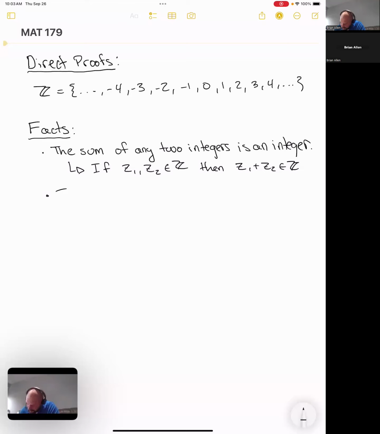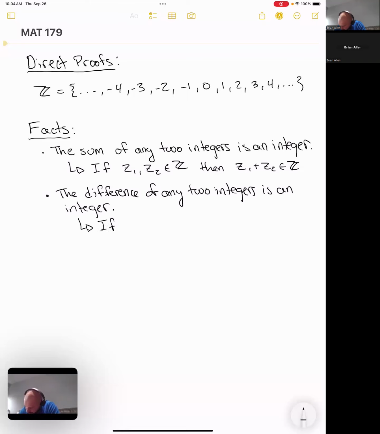And so then we also are going to take for granted that the difference of any two integers is an integer. And again, I want to write this in symbols.